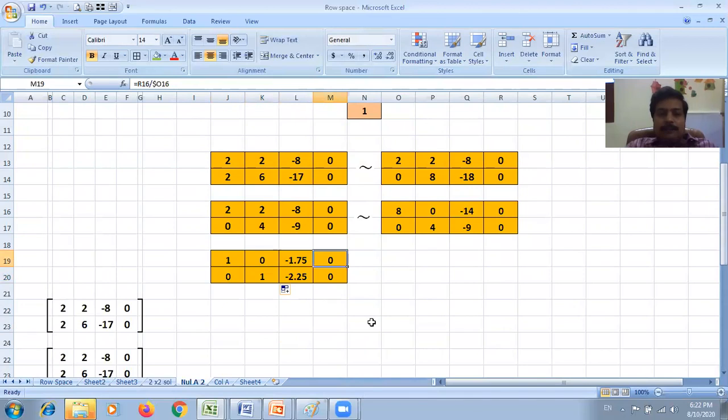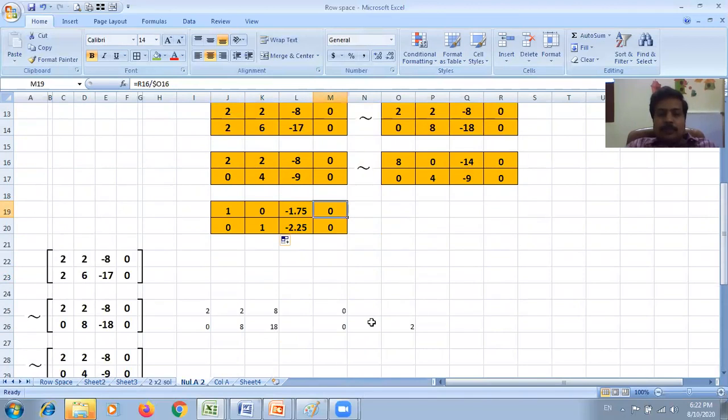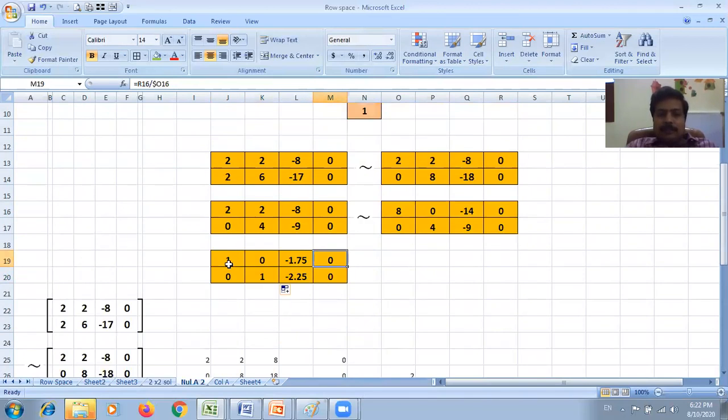So now this will give us x plus 0y minus 1.75z is equal to 0. And this equation will give us y minus 2.25z is equal to 0.